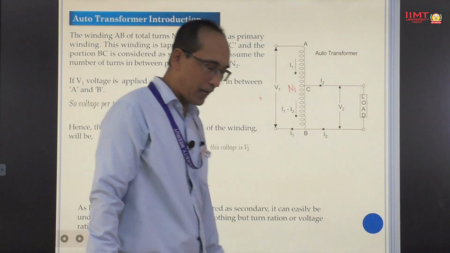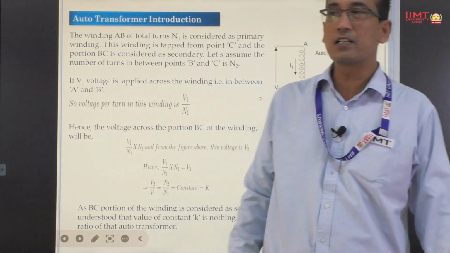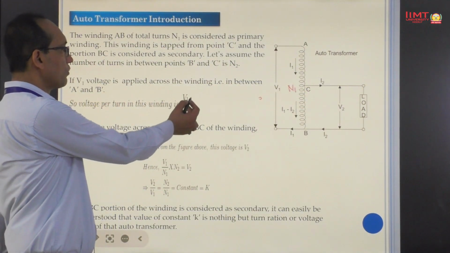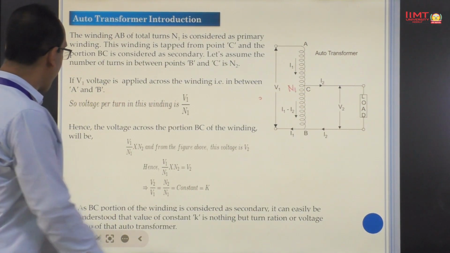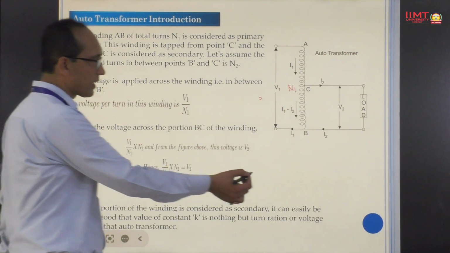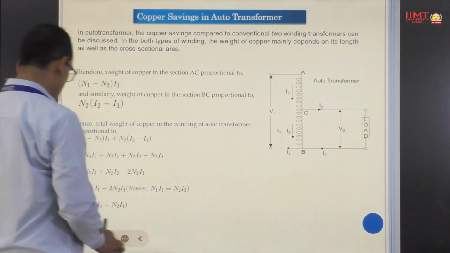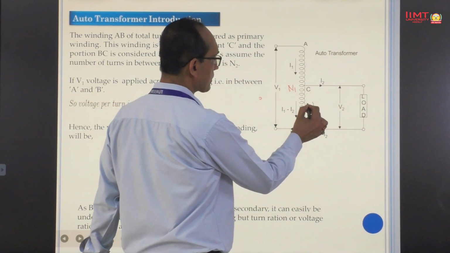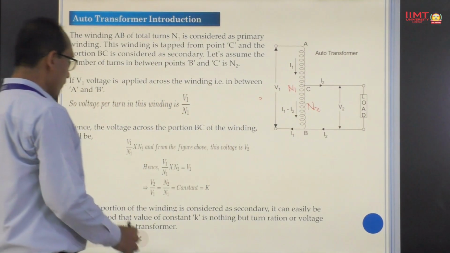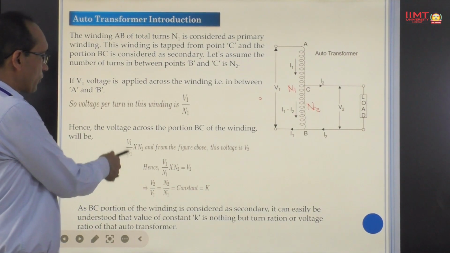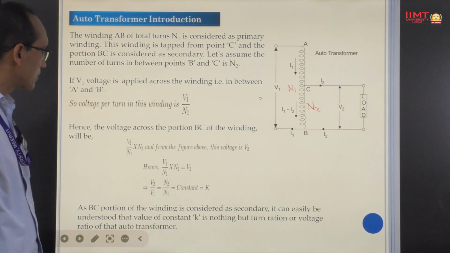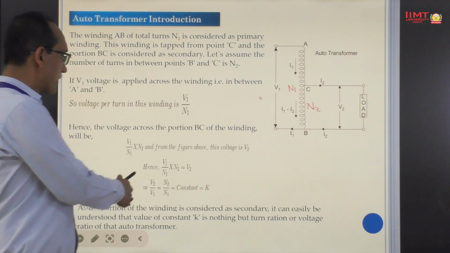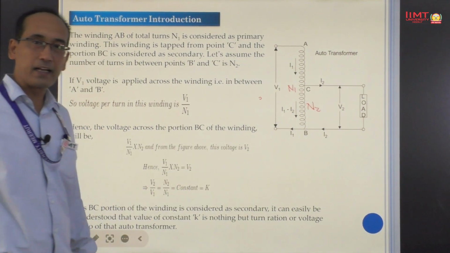As we go to the secondary side, where N2 is the secondary winding, if we multiply V1 upon N1, that is the voltage per turn, by the secondary turns, we get the secondary voltage.